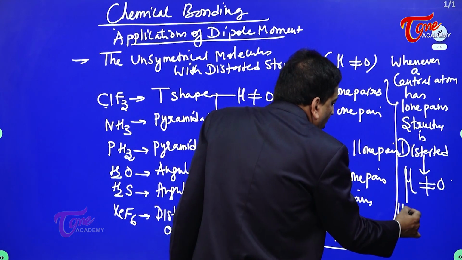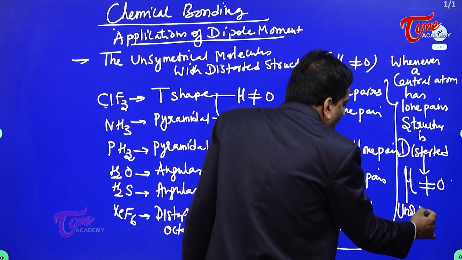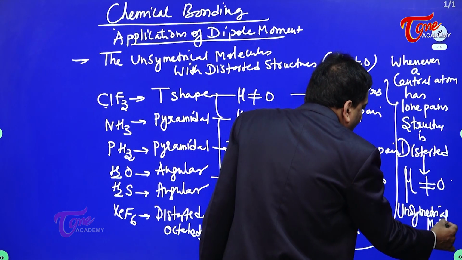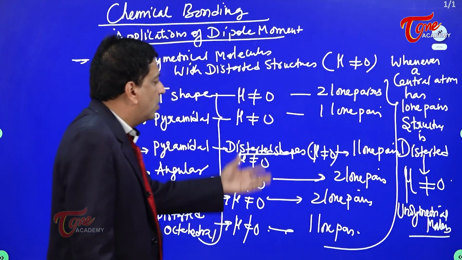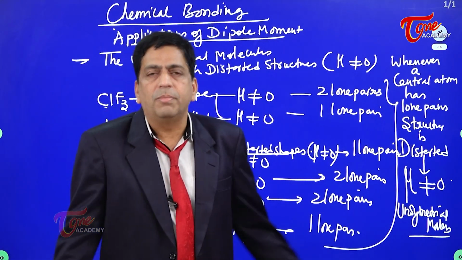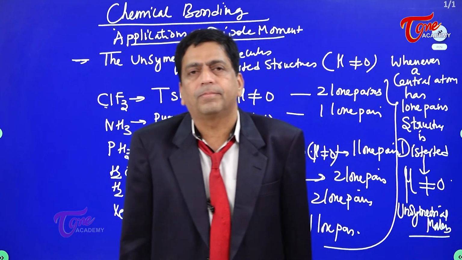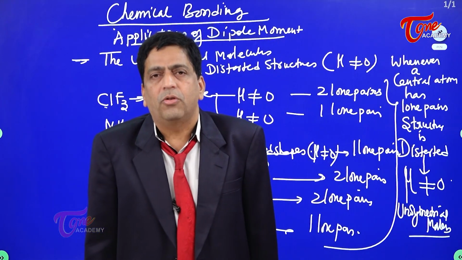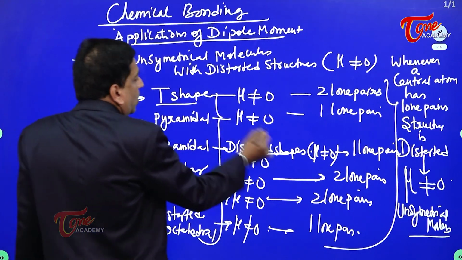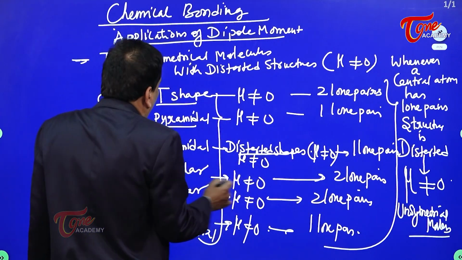Then we call such structure or molecules to be unsymmetrical molecules. You must understand this. That means that the T shape is unsymmetrical, pyramidal is unsymmetrical.